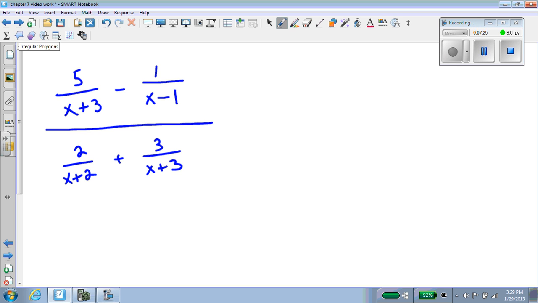Okay, let's see. Two fractions in the numerator, two fractions in the denominator. I'm going to need, let's put parentheses around our binomials to make sure I don't make a mistake here. Okay, so in the numerator, this fraction needs x minus 1. And this fraction needs x plus 3.